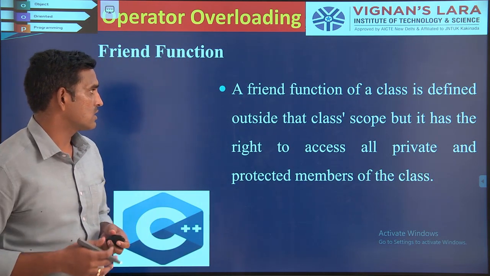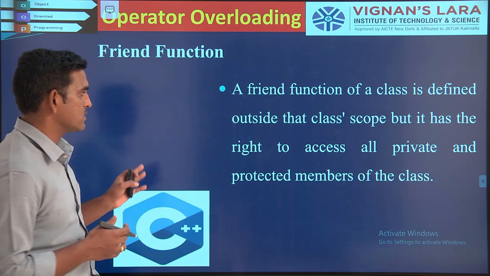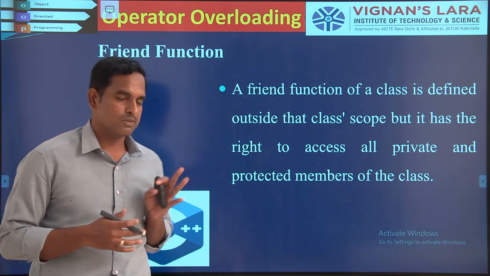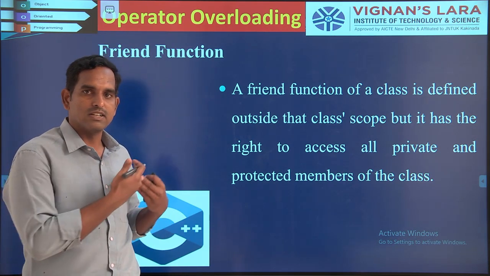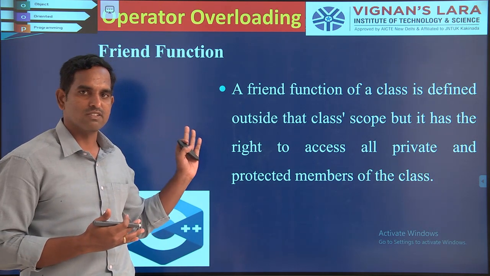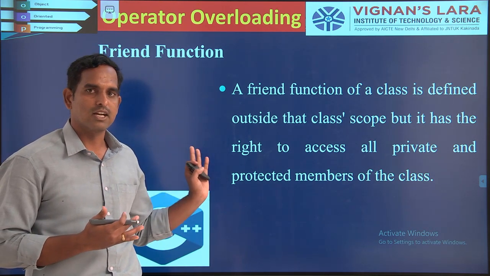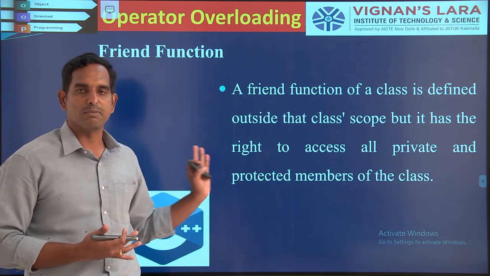A friend function of a class is defined outside the particular class scope, but it has rights to access all the private and protected members of the class. Basically, this is just like a method, like a member function you write. Your friend function will be similar to a member function, and it will have all the access privileges just like your member function.